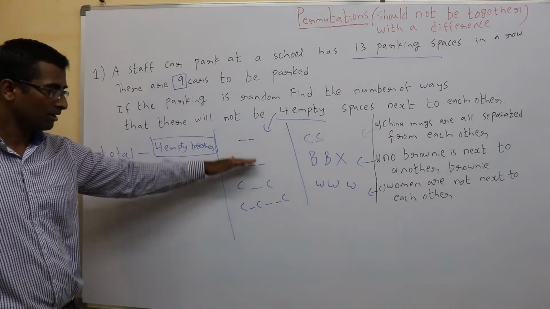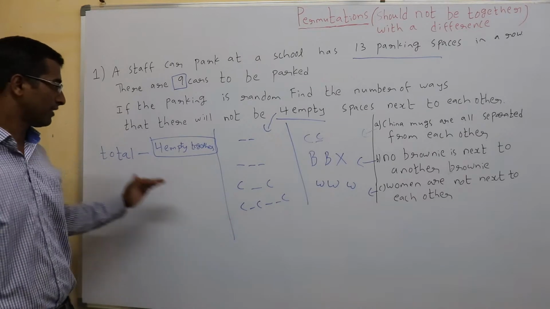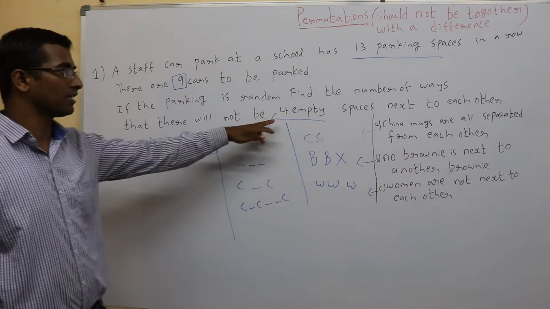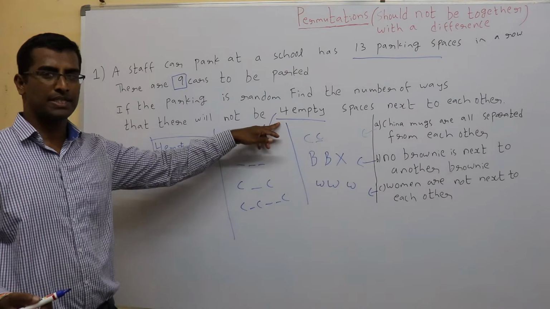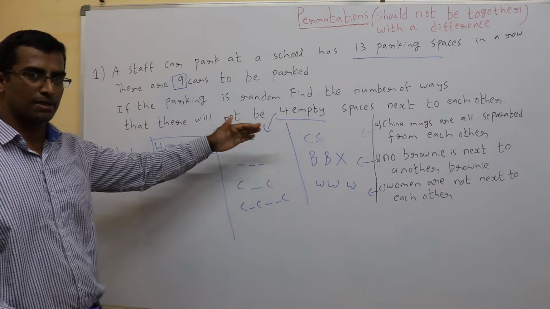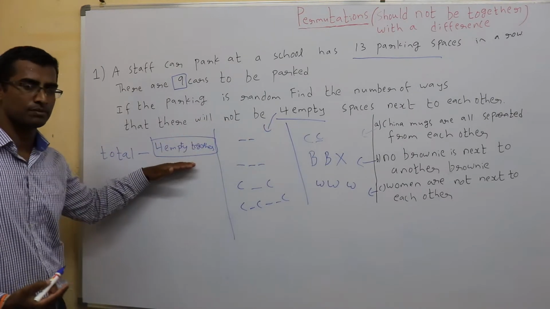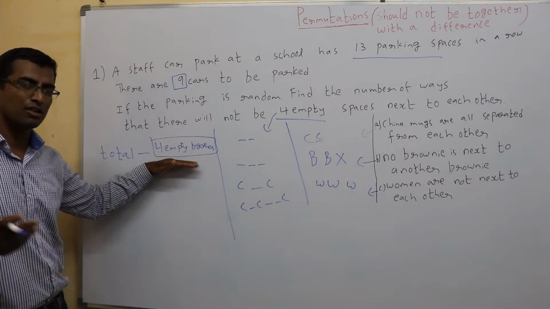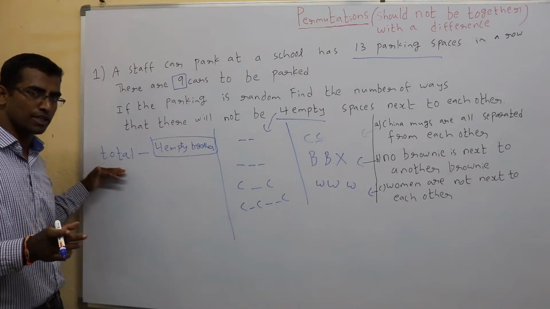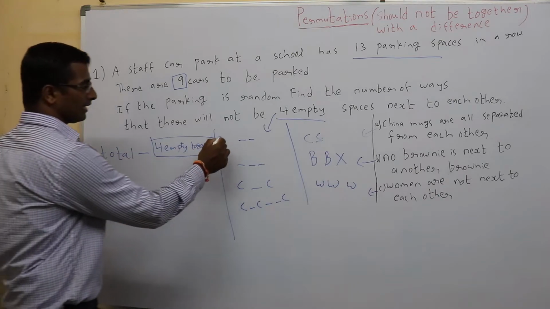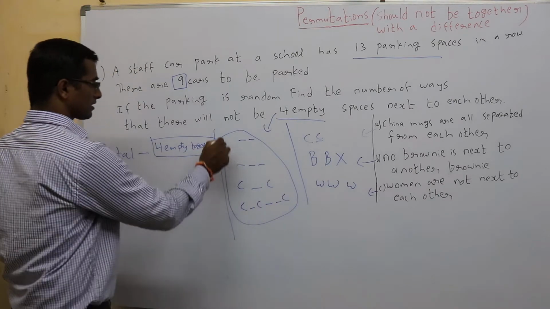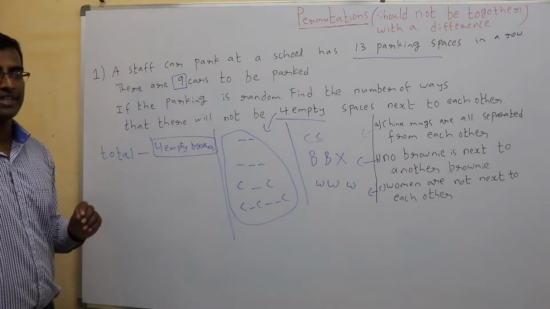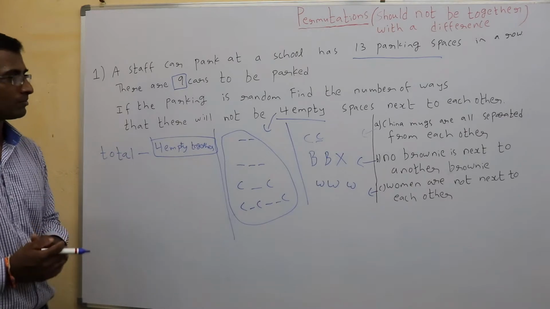So whenever I have got multiple options, what I do is from the total I do the opposite of this. 4 empty spaces not next to each other means you make them next to each other. 4 empty spaces together, subtract from the total, will result in all these possibilities. That is a catch for this sum.